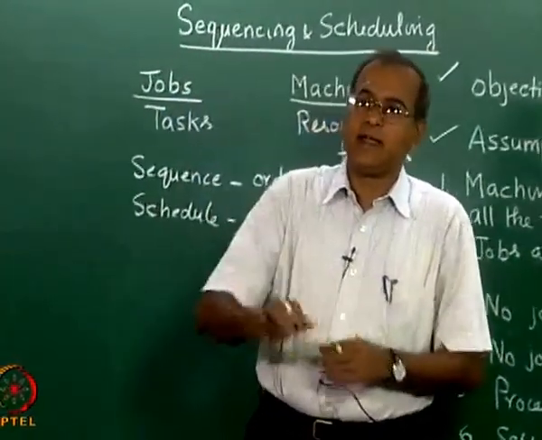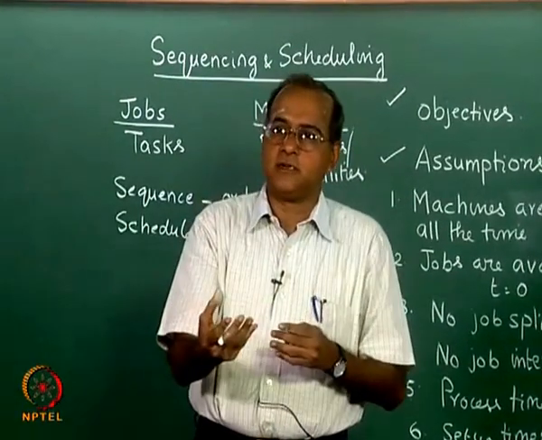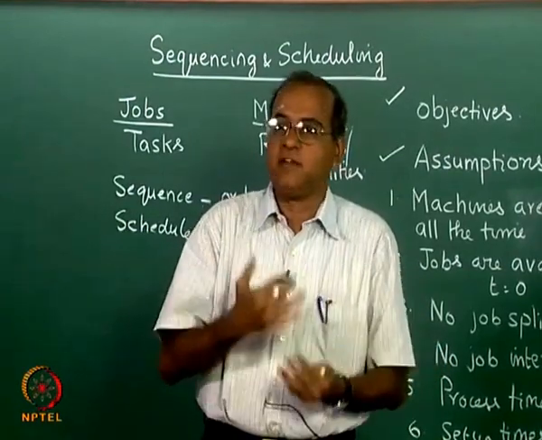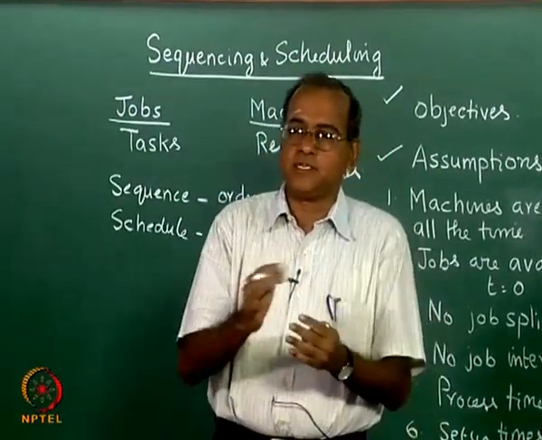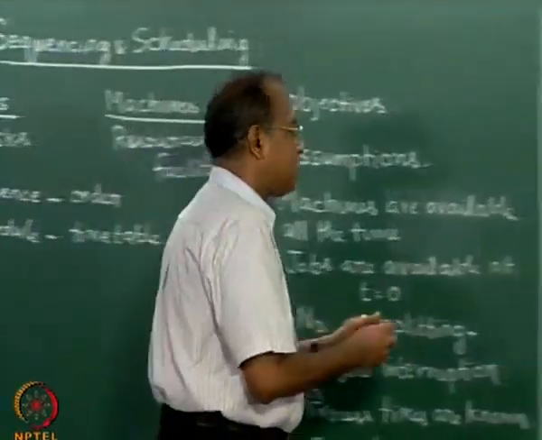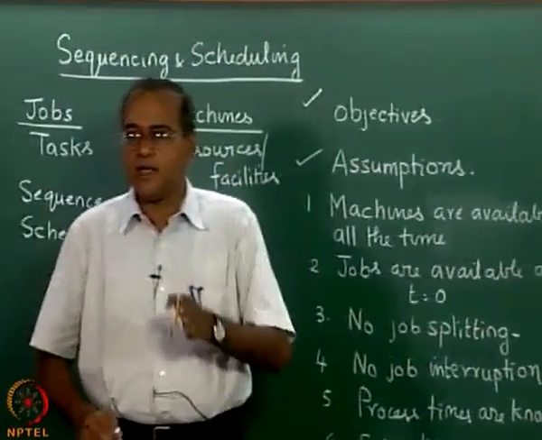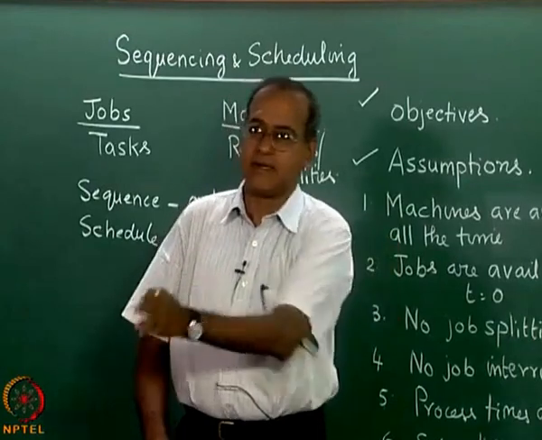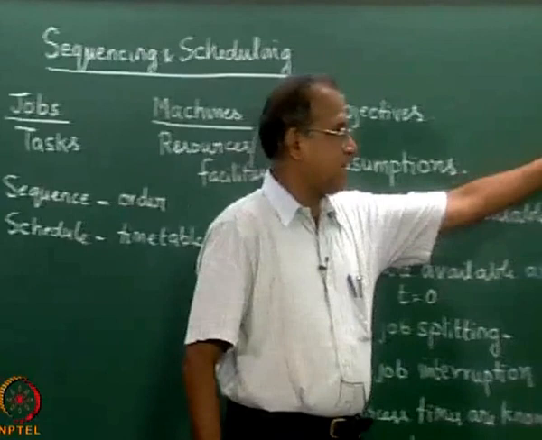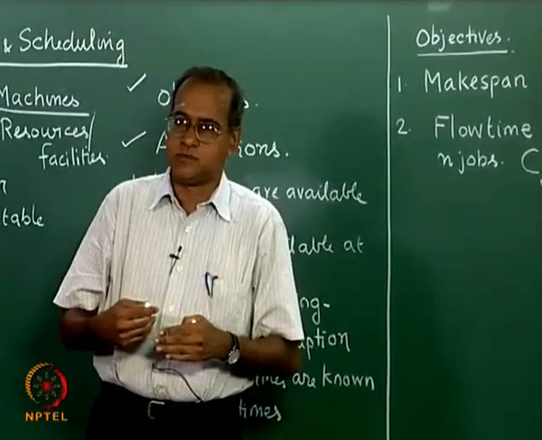The completion indicates the time at which the last machine that the job has to visit has been visited and the operation has been completed on that machine. So, if we call the completion time for the jth job Cj, then automatically the makespan is the maximum of the Cj values.